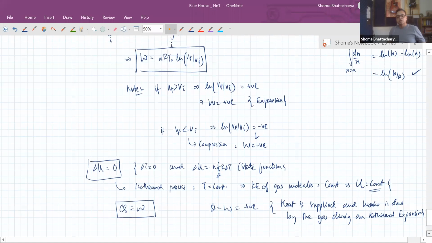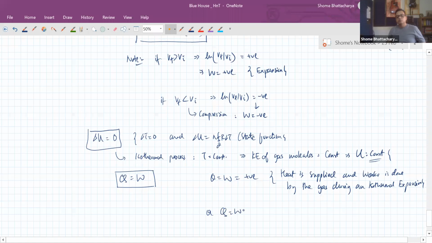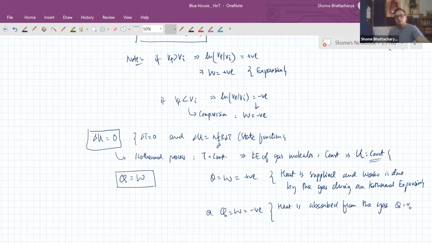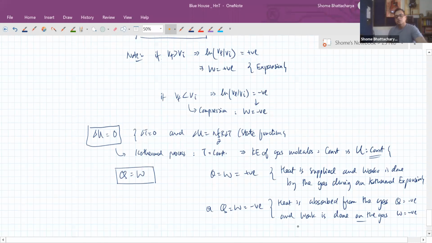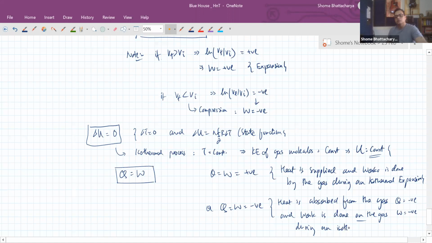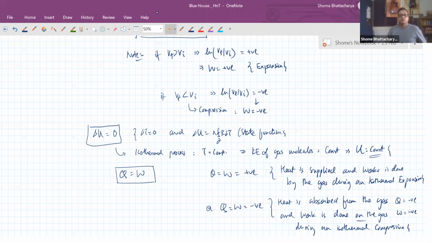Whereas Q equal to W will be a negative quantity when heat is released from the gas, so Q is negative, and work is done on the gas, W is negative, during an isothermal compression. Just make a note of this, people.